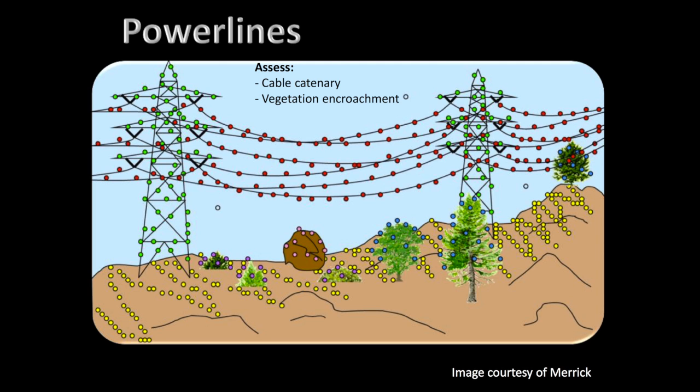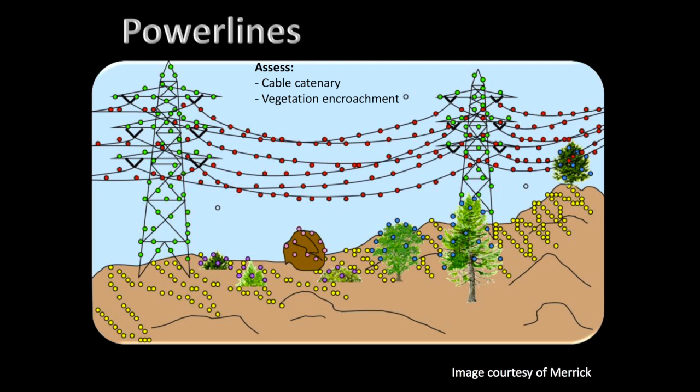And one of the main reasons for that is because in the US, the NERC, the North American, I forget the acronym, Energy Reliability Corporation, put out some recommendations to the industry, which essentially suggested that, well, you really need to use LiDAR to check these things, the as-built versus design, the vegetation encroachment, or the power line hazards, that kind of thing. And so that led to a real rapid growth in the adoption of LiDAR for transmission line monitoring.